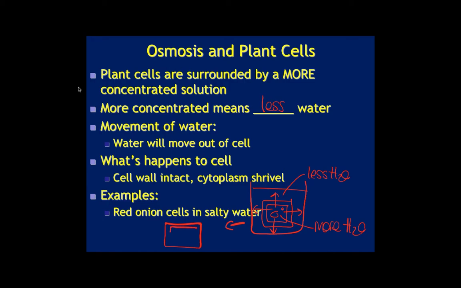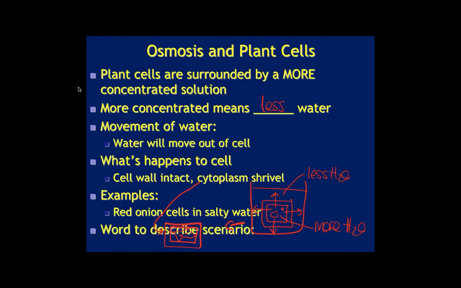You'd still have your cell wall, and your cell membrane would be stuck to little parts of your cell wall, but it would be totally shriveled up and you'd have a really small vacuole in there. This is the example of your cytoplasm shriveling after you leave it in there a while.